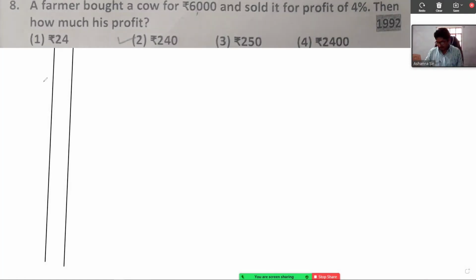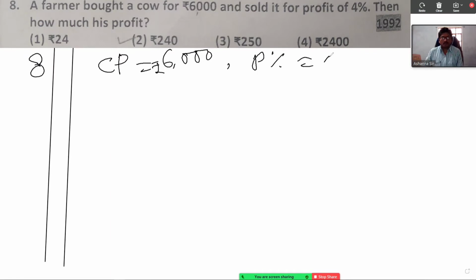Question number 8. A farmer bought a cow for 6,000 and sold it at a profit of 4%. Then how much is the profit? Cost price 6,000 rupees, profit percent 4%.